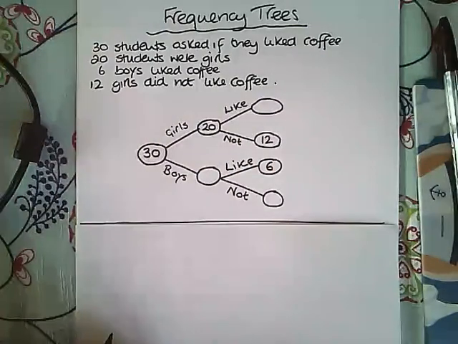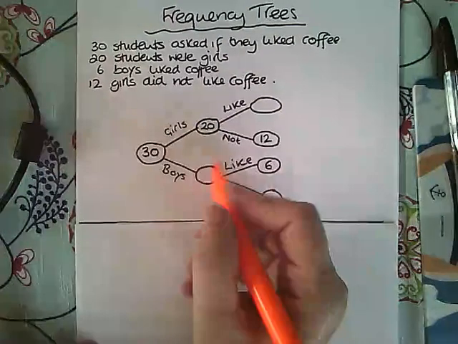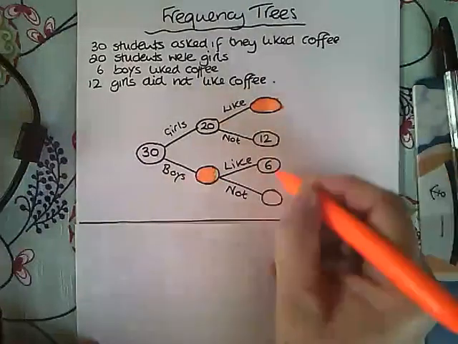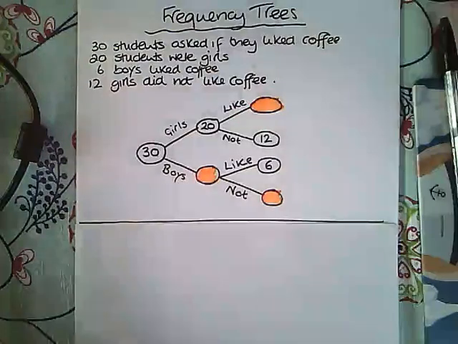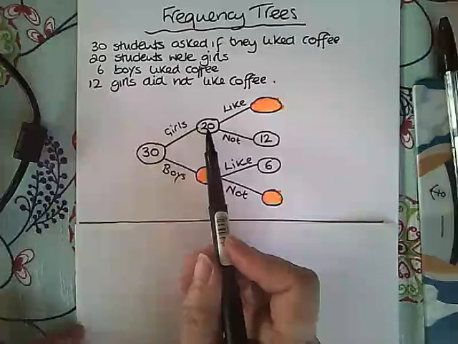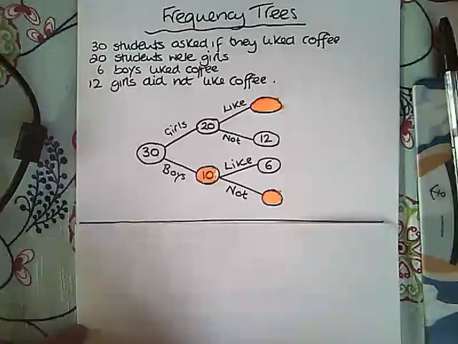Then we go back and fill in the numbers that we are missing. So if I just highlight those, and then I can write over them, and you'll be able to see the ones that I've worked out from the information in the question. If we're starting with 30 students and 20 are girls, that means there are 10 boys, and we fill in the 10 there.